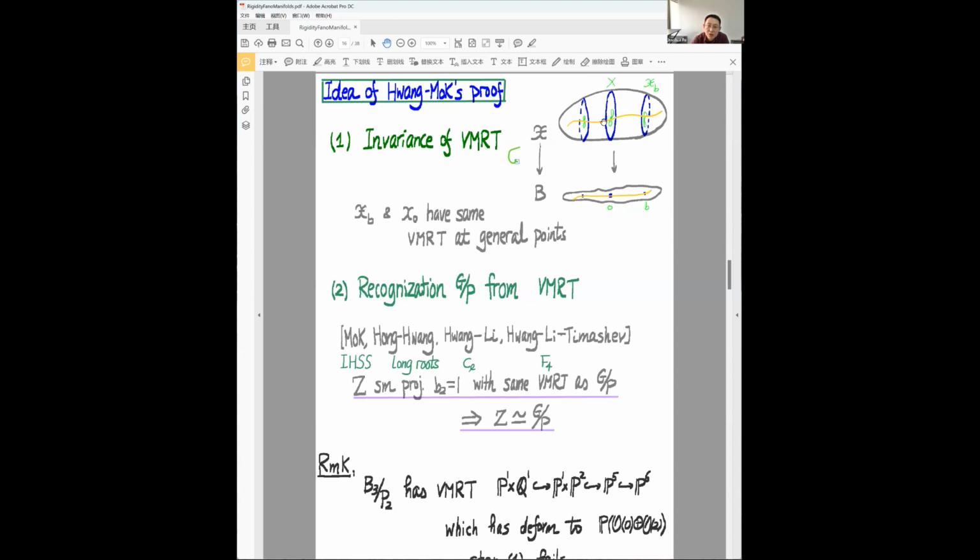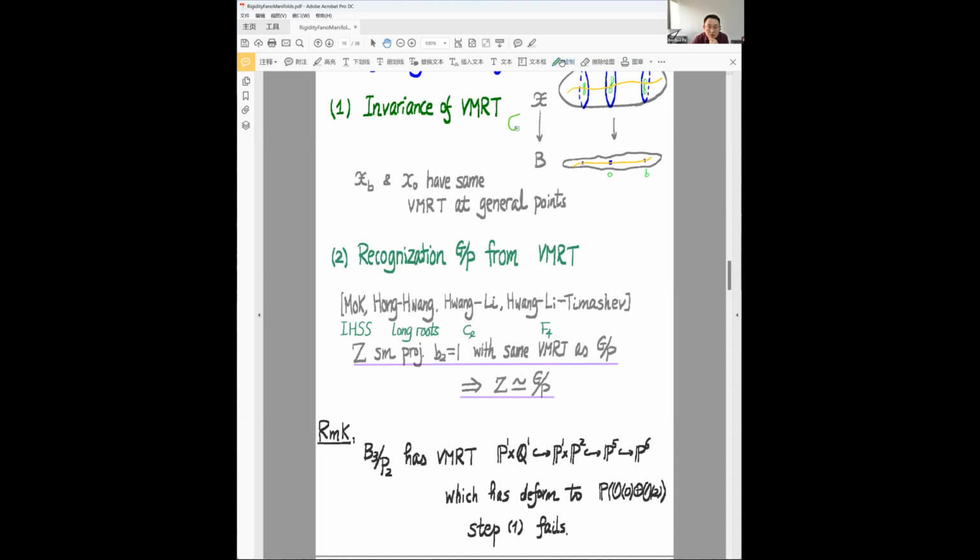The first step is to show the central fiber has the same VMRT as the general fiber, and then we can use the recognition of TMOP from its VMRT, which says whenever you have a smooth projective variety of Picard number one which has the same VMRT as the GMOP, then the variety itself is isomorphic to GMOP. So this is done. But the recognition theorem is quite a hard problem, which has been treated by several people.